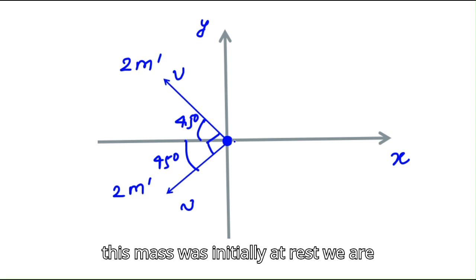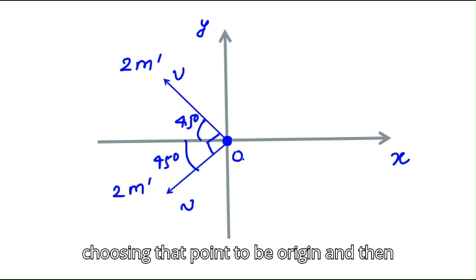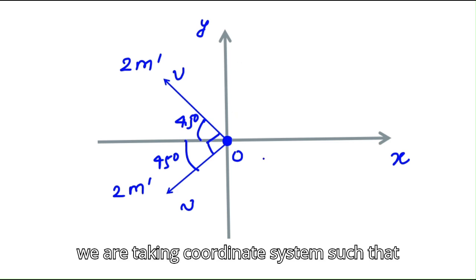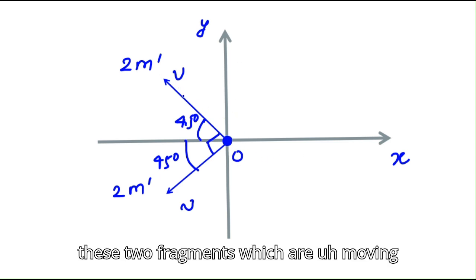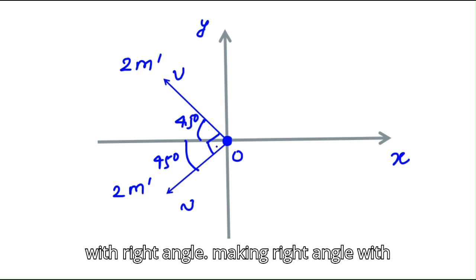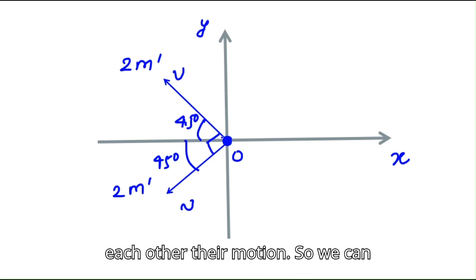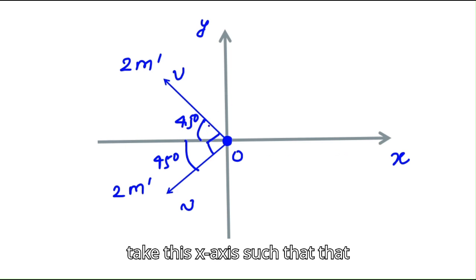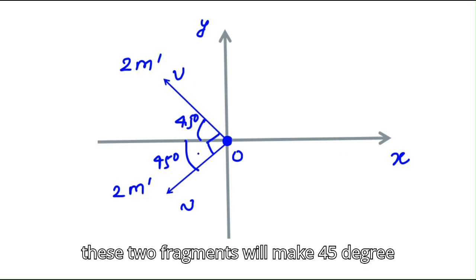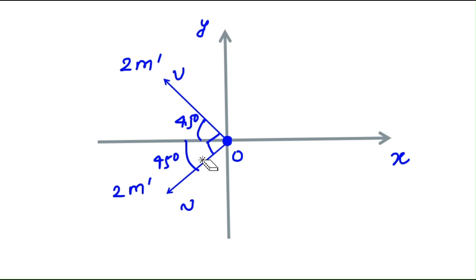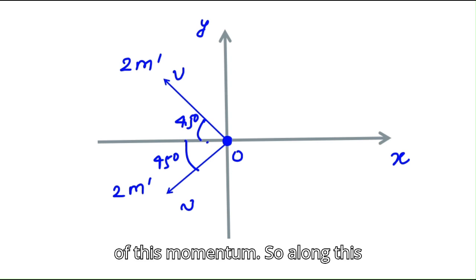When this mass was initially at rest, we choose that point to be the origin, and then we take a coordinate system such that these two fragments, which are moving making a right angle with each other, make 45 degrees with this x-axis.